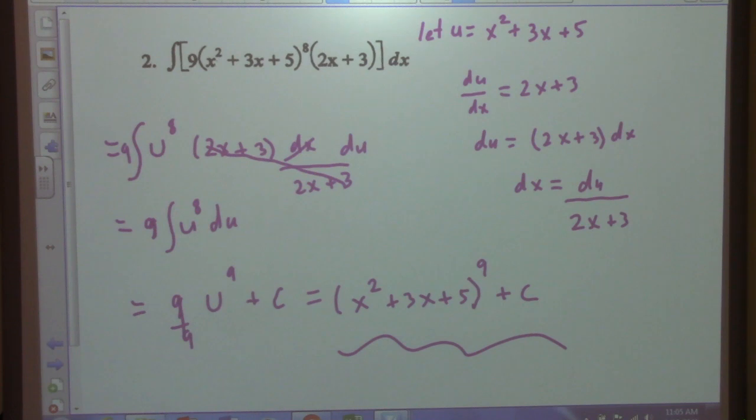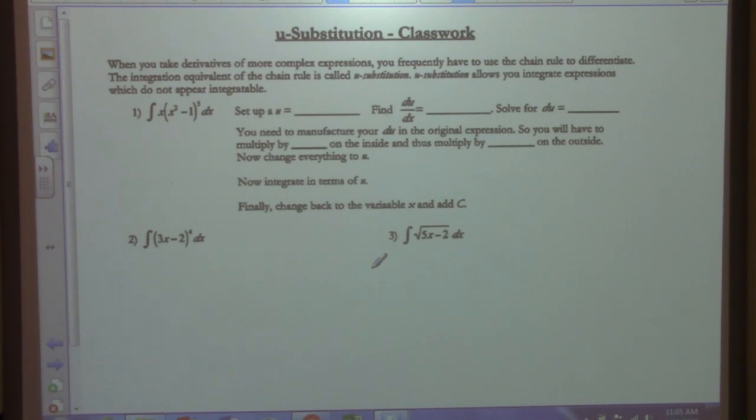All right, what I want you to do is let's look at this next problem here. We get to some classwork here, which sort of gives a snapshot of how to do that. Here, what you're going to do is take this thing right here.